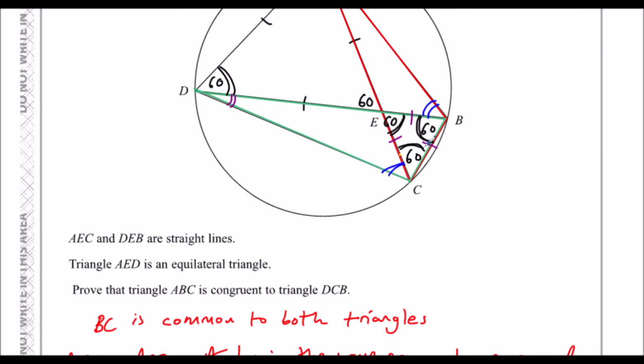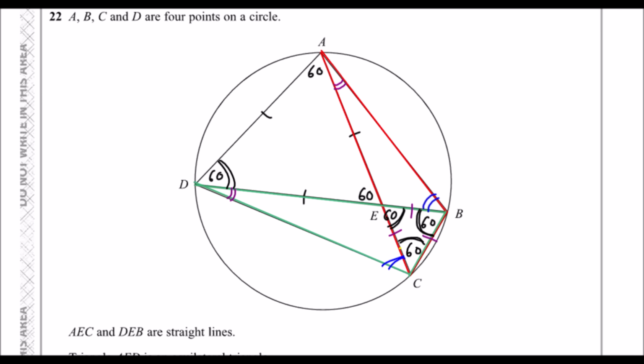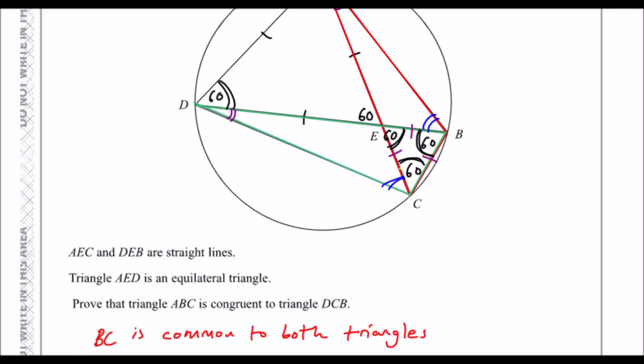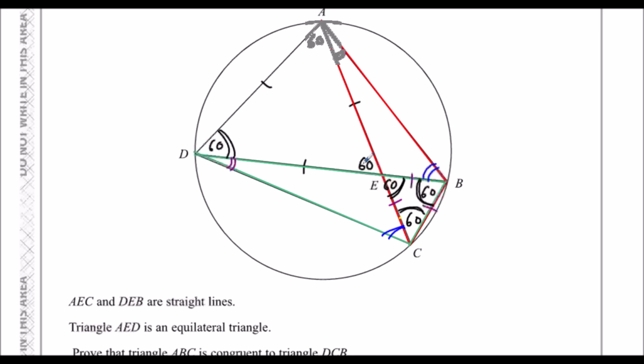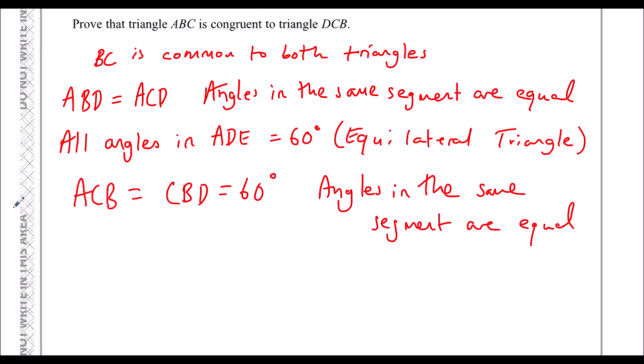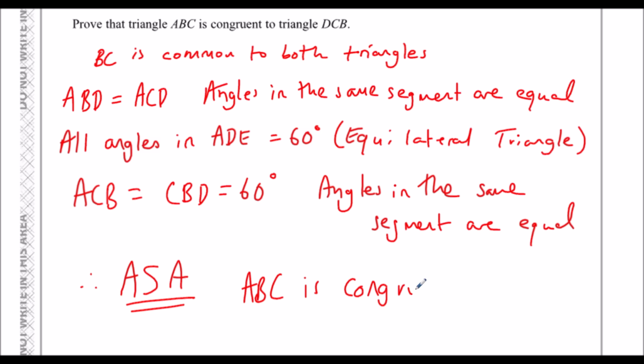So we've got our common one, and we've got, no, we haven't named CBD, we've done that one. So for both of them, we've got angle, side, angle. So therefore, angle, side, angle, and ABC is congruent to DCB.